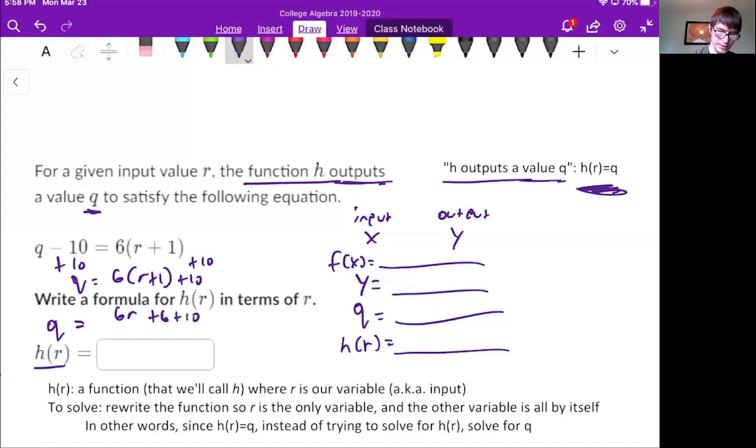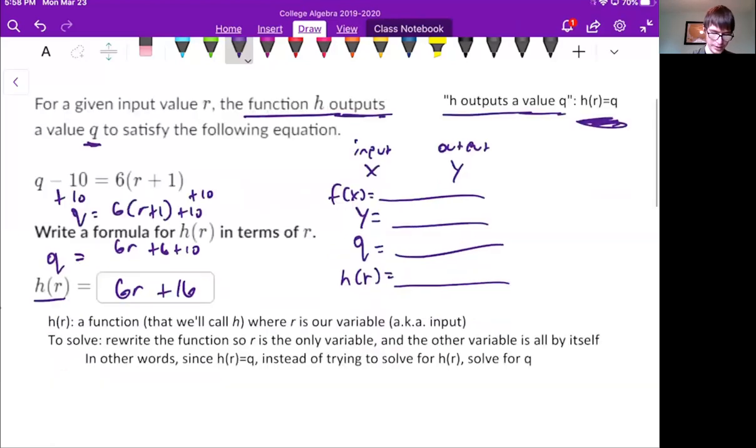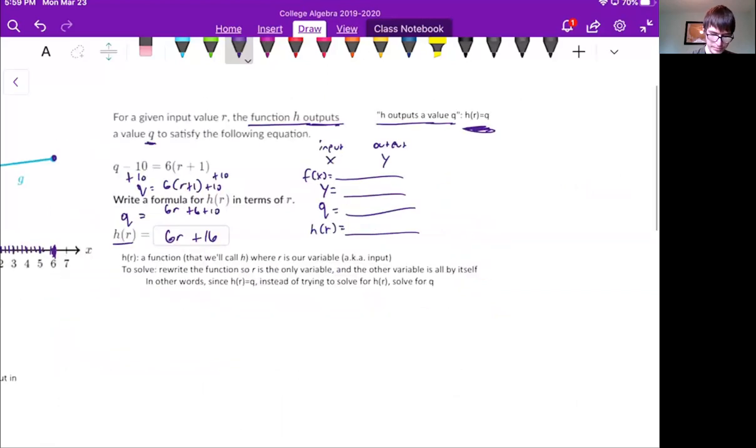And 6 plus 10 is 16, so we get 6r plus 16. And that's our answer. So h of r equals 6r plus 16, or q equals 6r plus 16. Great, and that's all there is to that problem, solving for q, because q is our output.